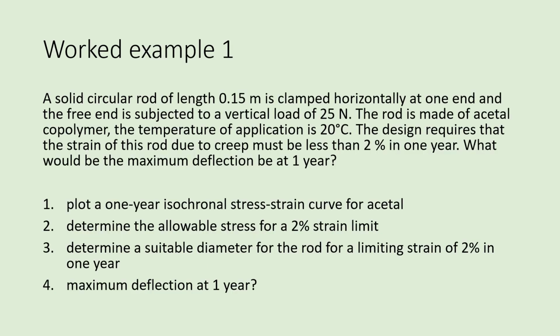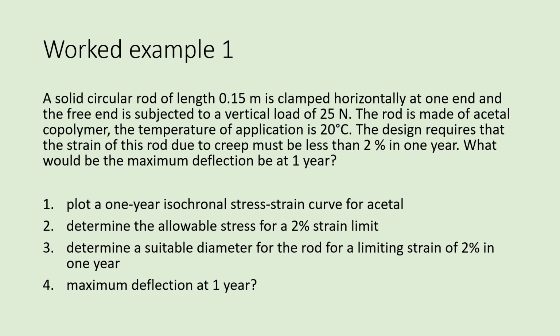Here we're going to go over an example to help you understand how you can apply some of this data from creep experiments. So we have a solid cylinder rod with a length of 0.1 meters, and it's clamped horizontally at one end, and the other free end is subjected to a vertical load of 25 newtons. So it is a cantilever beam.